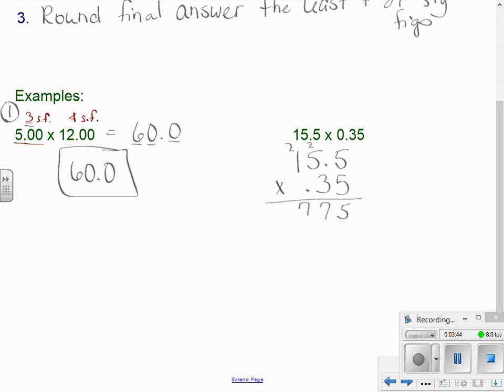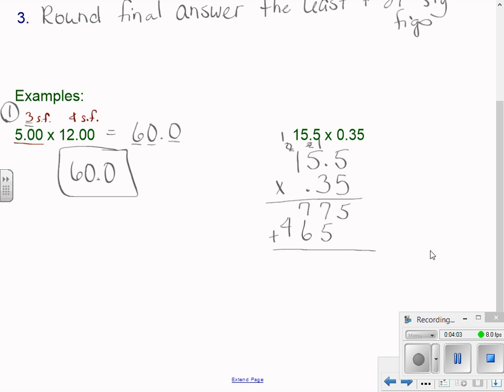You indent 1, you can add a 0 there if you like, and then we start with the 3. 3 times 5 is 15, carry a 1, 3 times 5 is 15, plus 1 is 16, carry a 1, 3 times 1 is 3, plus 1 is 4. Okay.